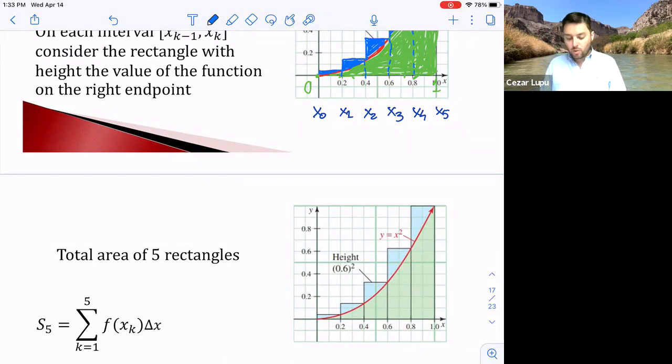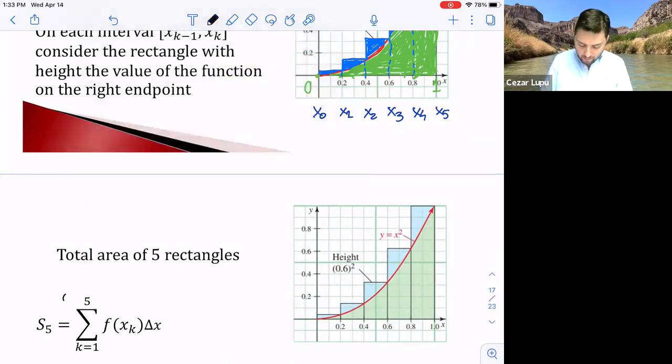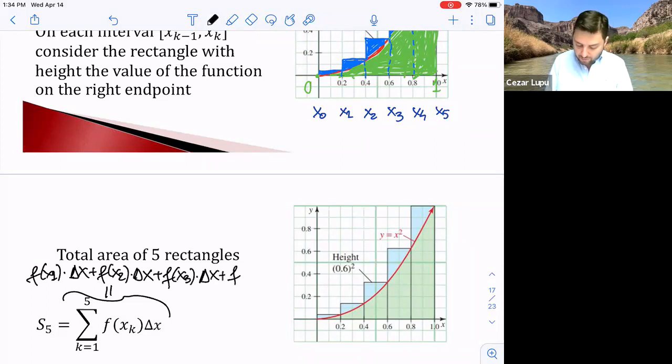Let's see. So this guy here is f of x1 times delta x, plus f of x2 times delta x, plus f of x3 times delta x, plus f of x4 times delta x, plus the last one, f of x5 times delta x.